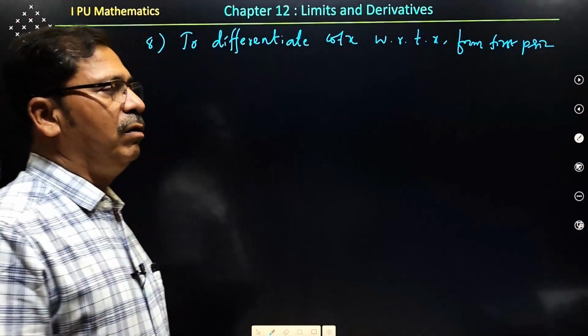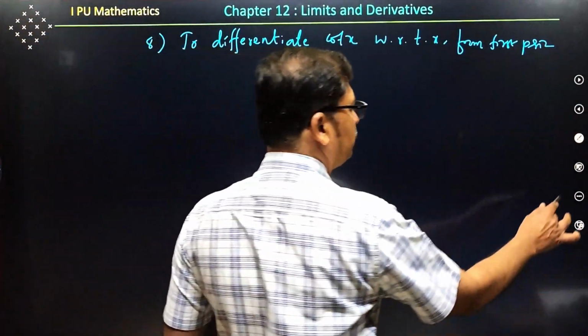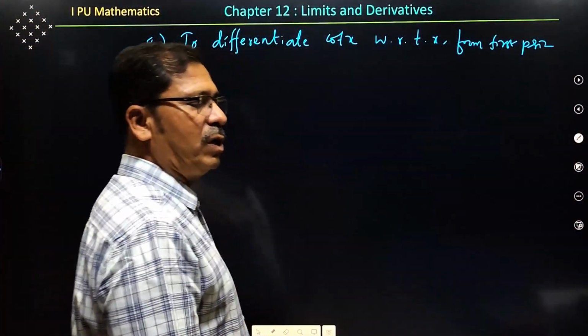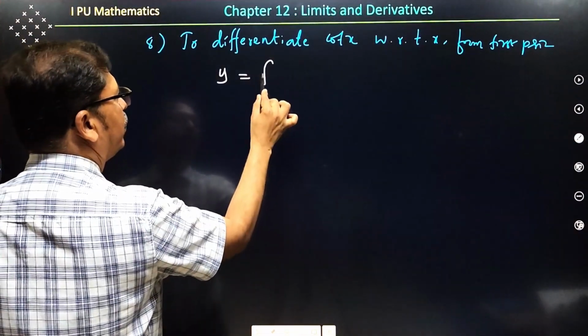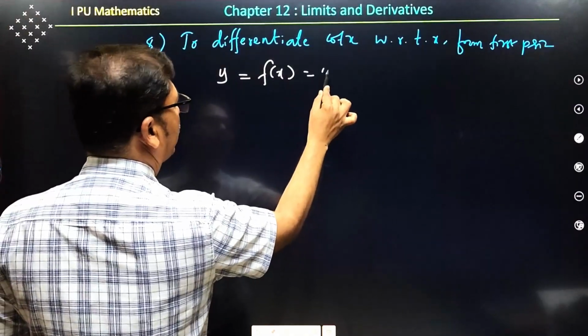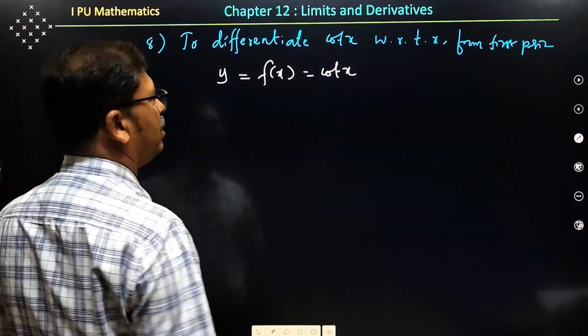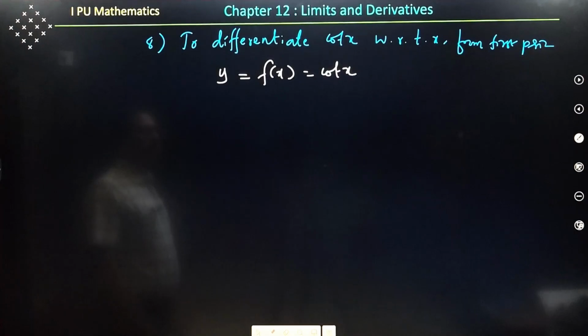Okay. Now let me take into consideration y is equal to f(x), and then this is equal to cot x. Okay. This is your function, y equal to cot x.